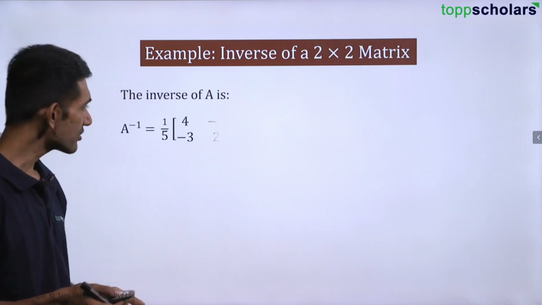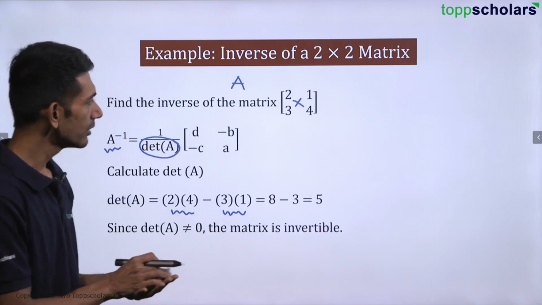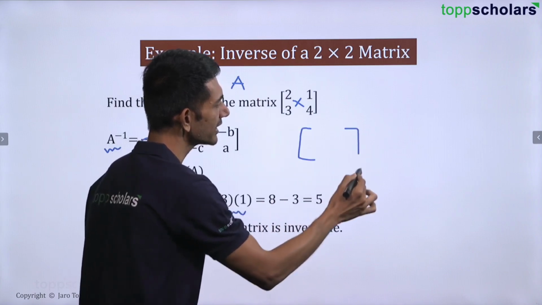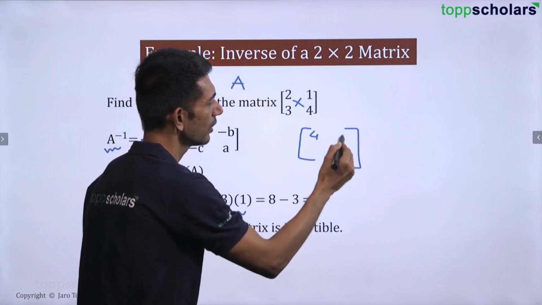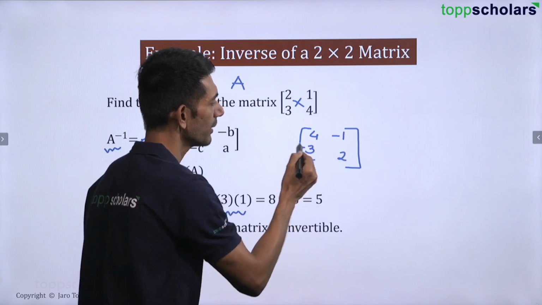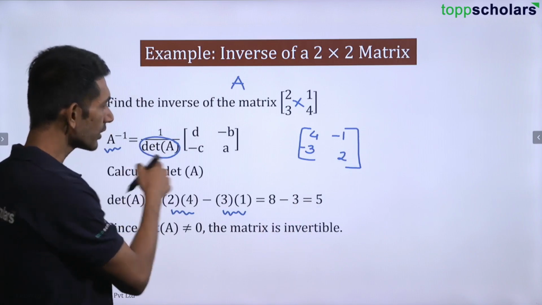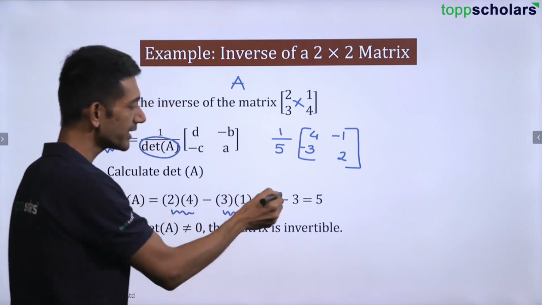So the inverse exists. Let me go to the previous slide because this is the question. Here I am going to interchange: 4 I will write here, 2 I will write here. I will write 1 and 3, but give a minus sign to both of them. Not only that, here I have 1 by 5, because the determinant is 5.